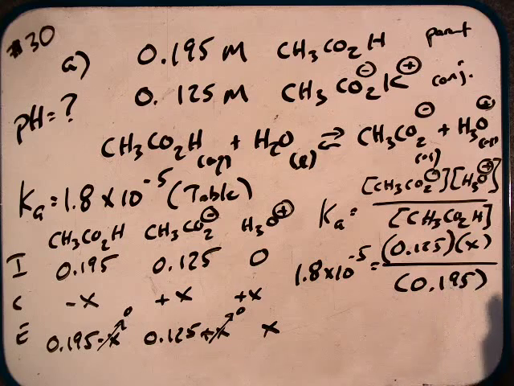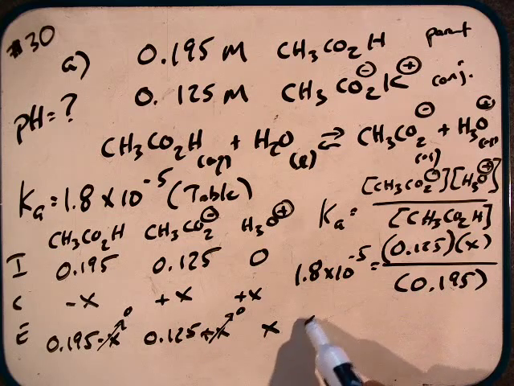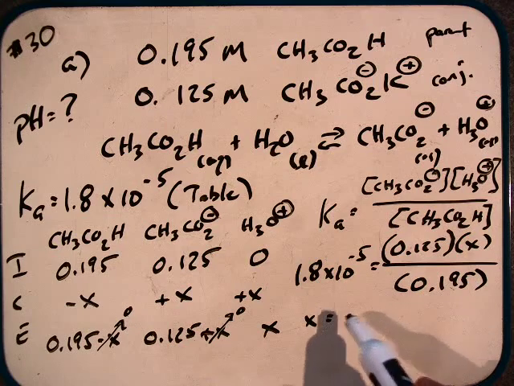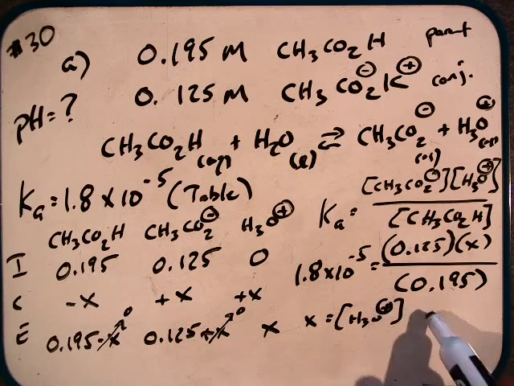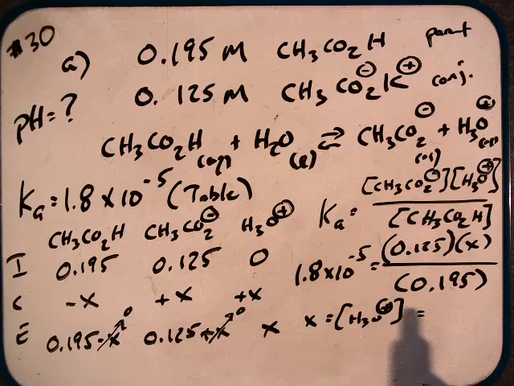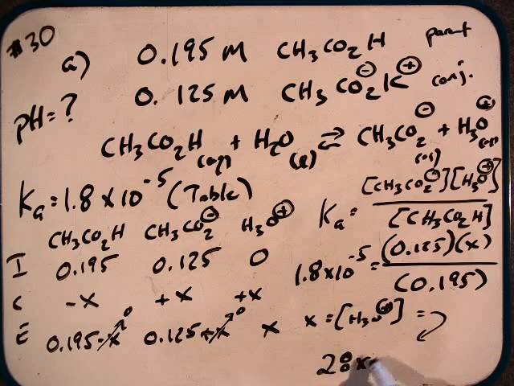So now we can solve for X, which is equal to our H3O+ concentration, and that is equal to 2.8 times 10 to the negative fifth.